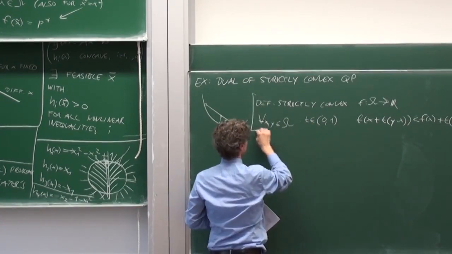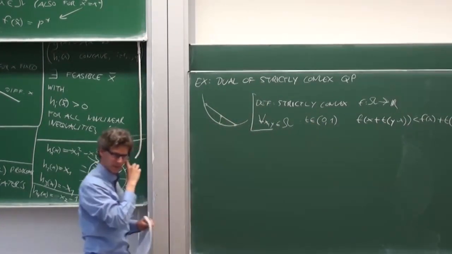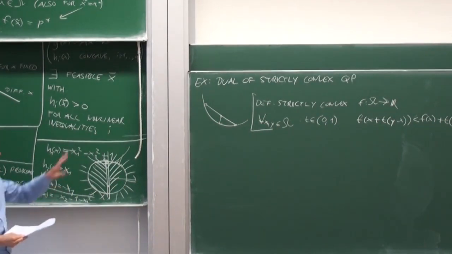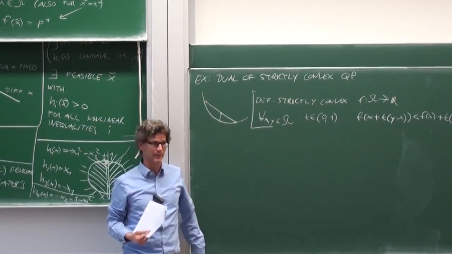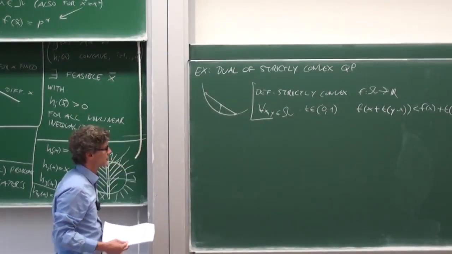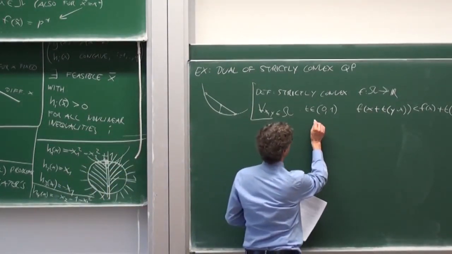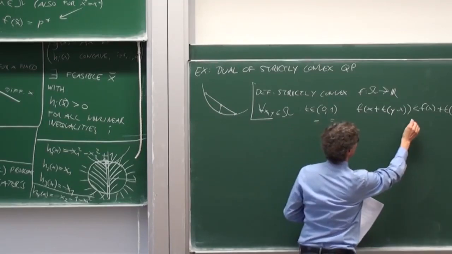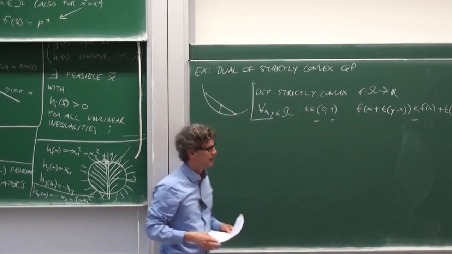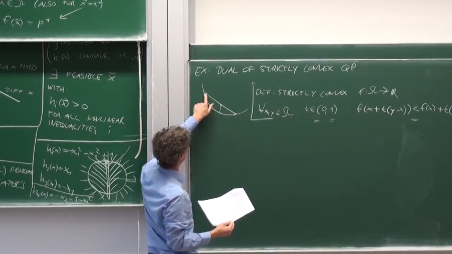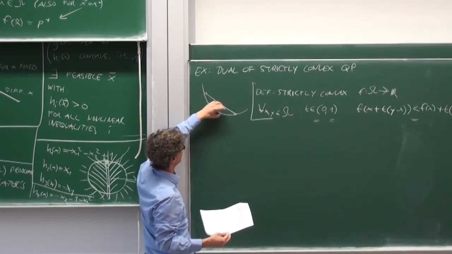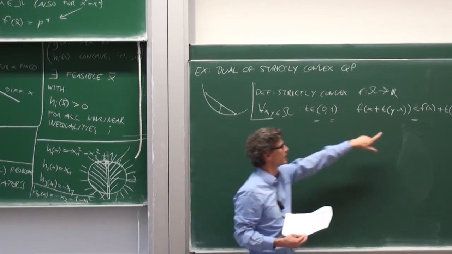So this is just a little box which I wanted to add for completeness. It's not the topic of this, it's just so that we know what I mean when I say strictly convex. Yeah? So the difference to the usual definition is these strict signs. It's only the interior t, so it's not this point and not this point because they will be equal. It's all the interior points and they should be strict.